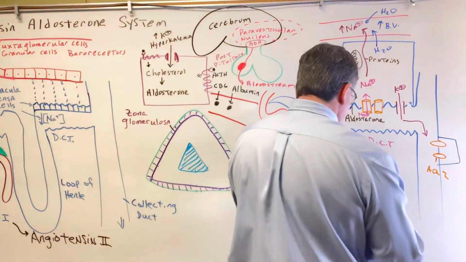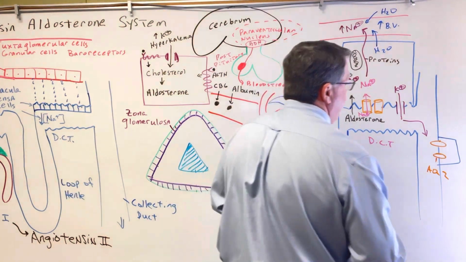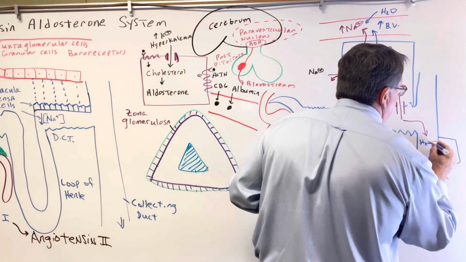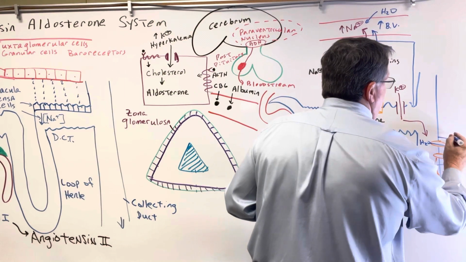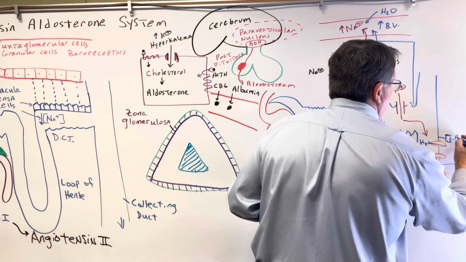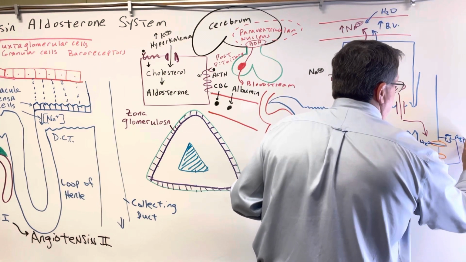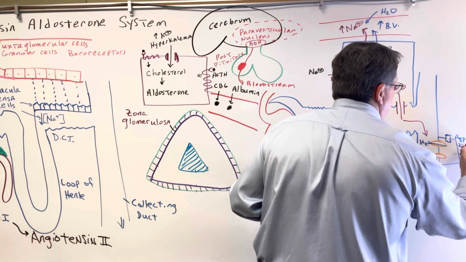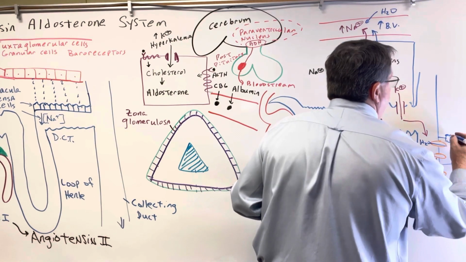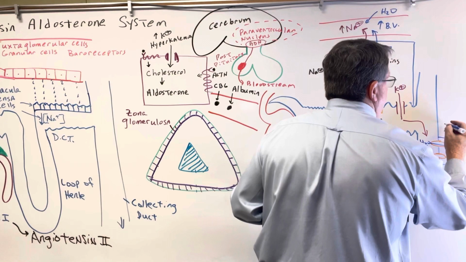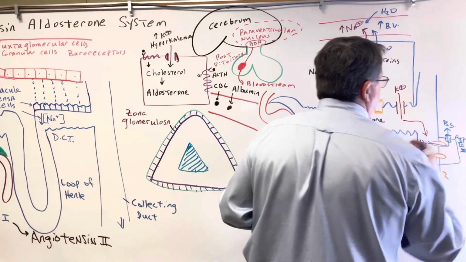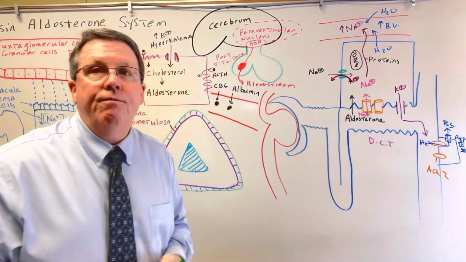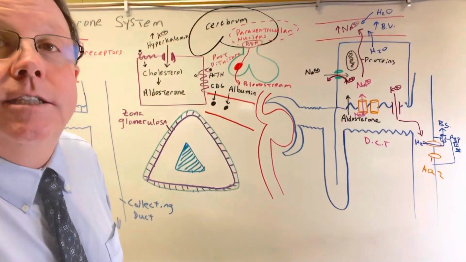Now I'm going to have water coming out through here, and if you remember, we had aquaporins 3 and 4 over here. Then my water is going to come out and enter into the bloodstream also. So that's it for the renin angiotensin system.